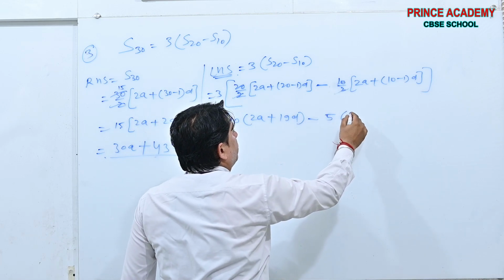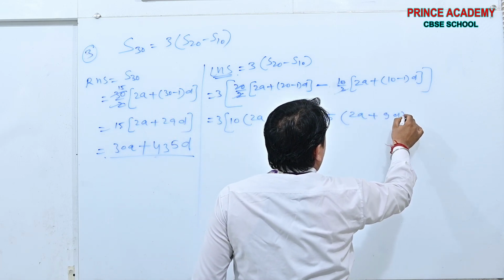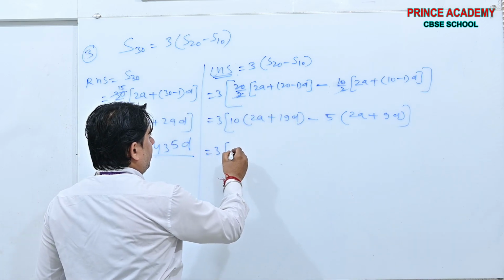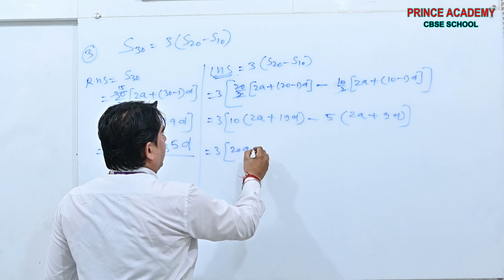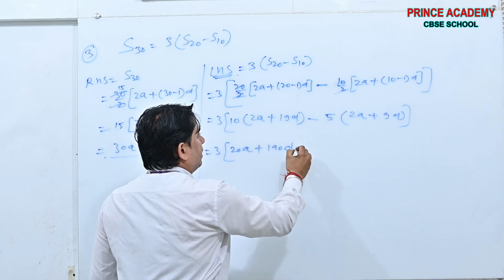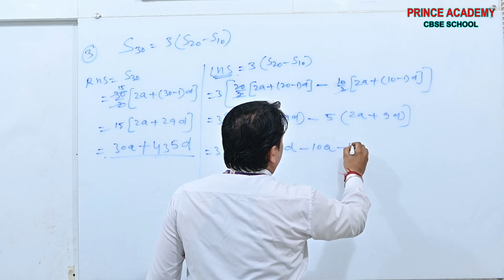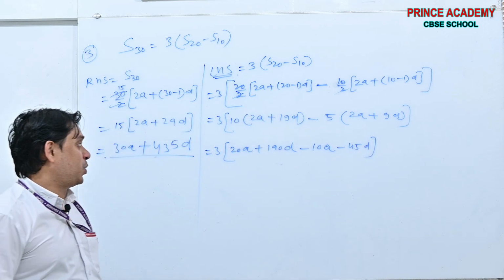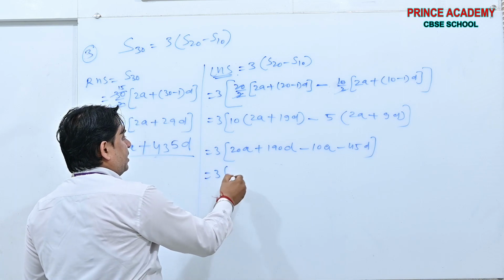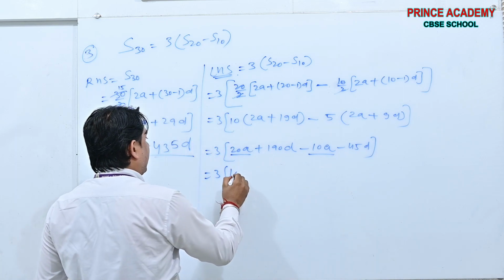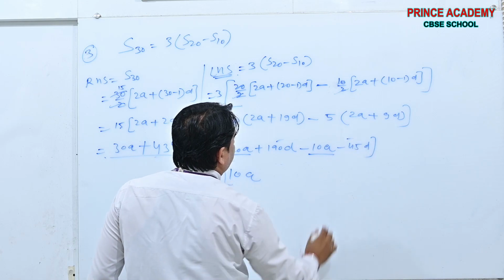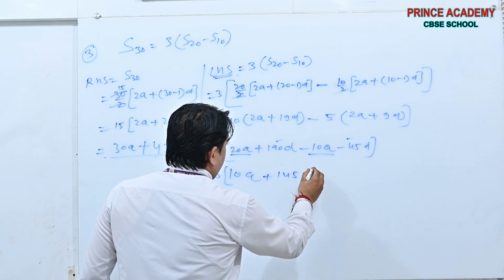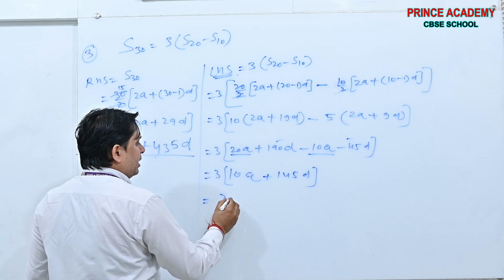Cancel this: 5, 2a plus 9d. Done beta? Now multiply: 20a plus 190d, minus 10a minus 45d. So simple are these questions beta. 3 times: 20 minus 10 is 10a, 190 minus 45 is 145d. Yes or no? Now multiply with 3.